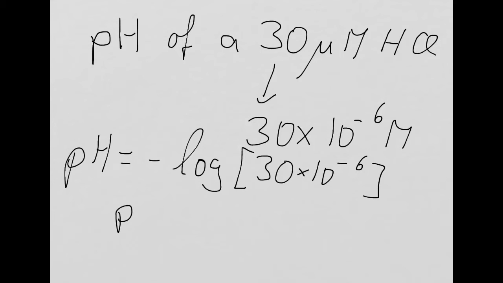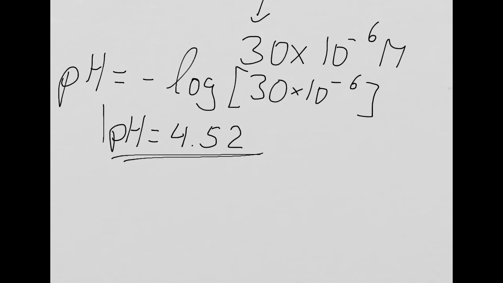Gives you a pH of 4.52. Actually, what's the unit for pH? No unit, exactly. So here the pH is 4.52. What is the pOH of this solution?